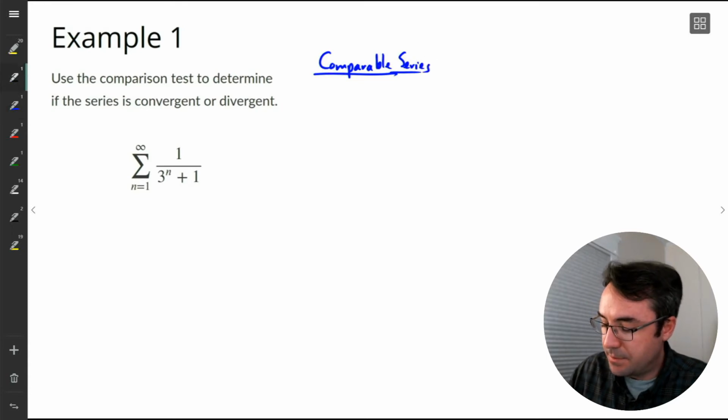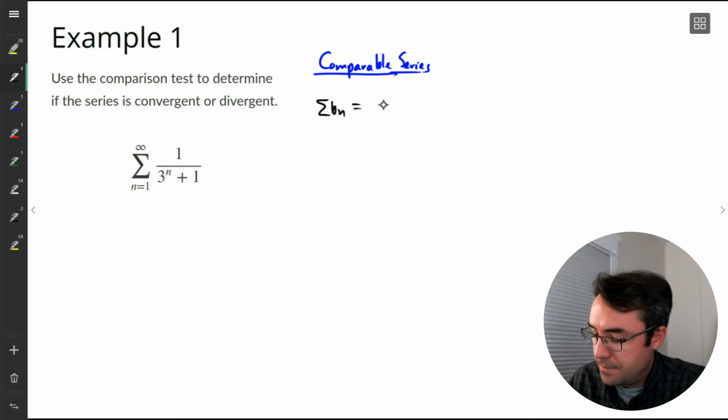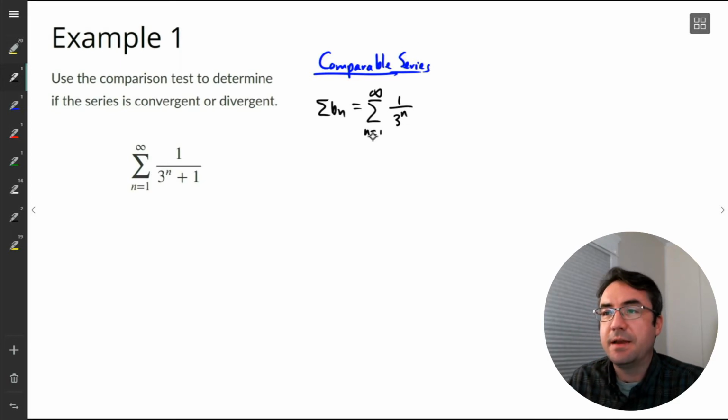We call this sigma b_n. And the way to identify it is to look at the dominant terms. A lot of times we have a fraction. Pick the dominant term in the numerator, and pick the dominant term in the denominator. So in this case, our numerator is a constant 1, so I'd pick 1 for the numerator, and then that 3 to the n in the denominator.